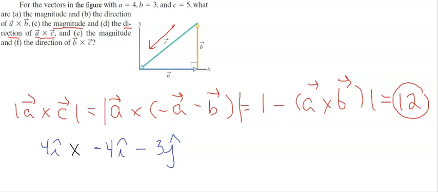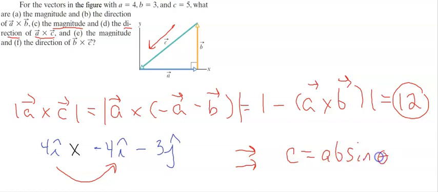Alright, so if we cross i and i, they're parallel vectors, so the angle between them is 0. So recall C equals AB sine theta. When theta is 0, sine 0 is 0, so this whole term is going to end up just being 0.